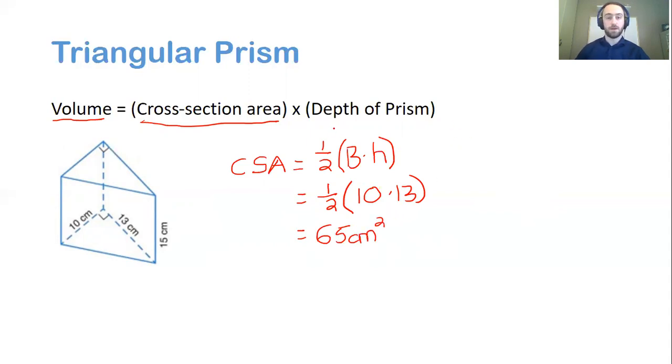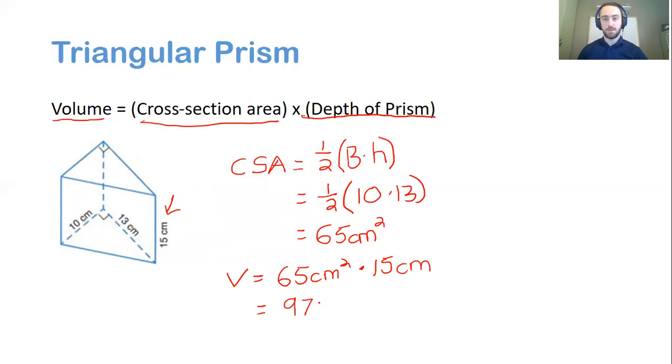Perfect. Now we simply multiply it by the depth of our prism, giving us a volume of 65 centimeters squared multiplied by the depth, which is 15 centimeters, giving us a final answer of 975 centimeters cubed.